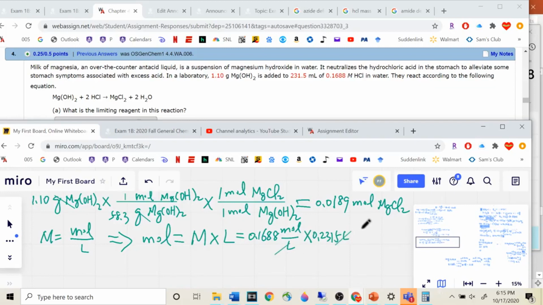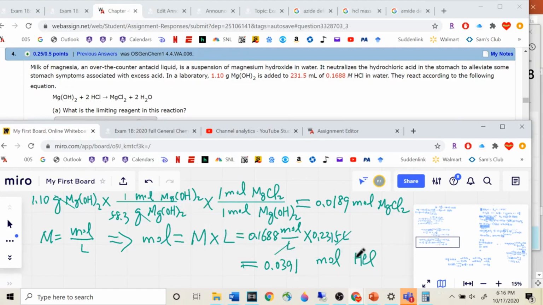Liters and liters are cancelled. Then we now have moles as the unit. And your calculator should give you about, after taking care of the sig figs, 0.0391 moles of HCl.